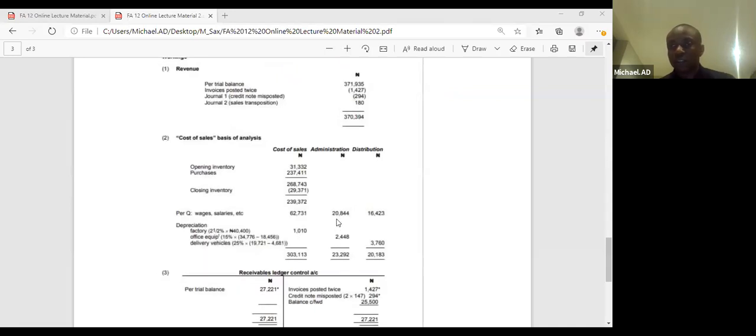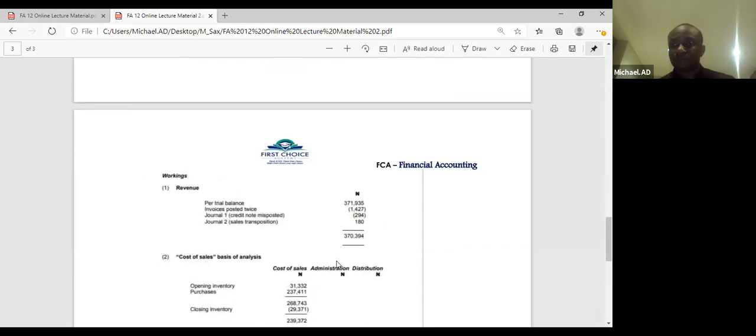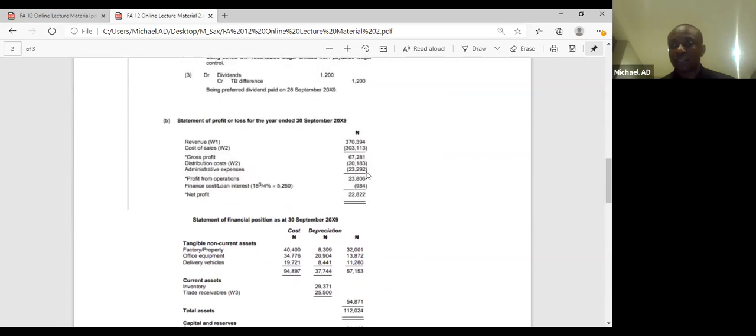So they have 20,844, then 2,448. By the time these two were added together, it gave us 23,292. And that was how we got 23,292. Then we subtract it. Profit from operation, 23,806 naira.